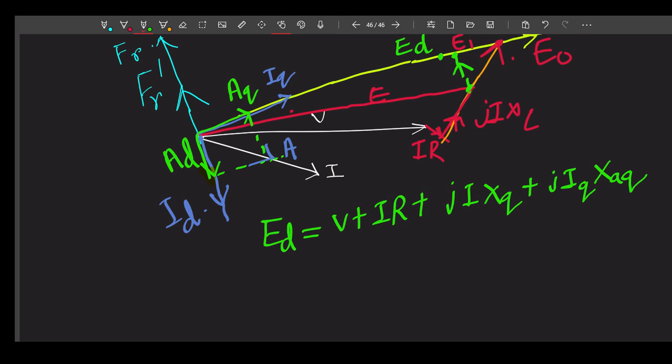So apparently it gives you a feeling that this is going to be like this, jIQXAQ.